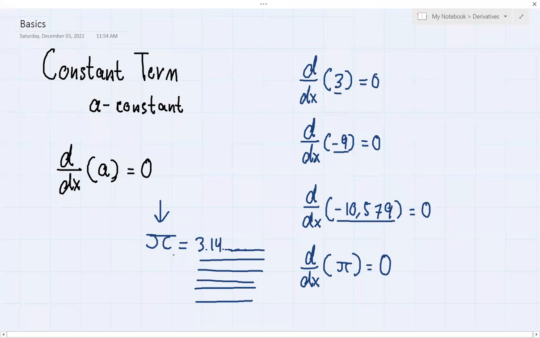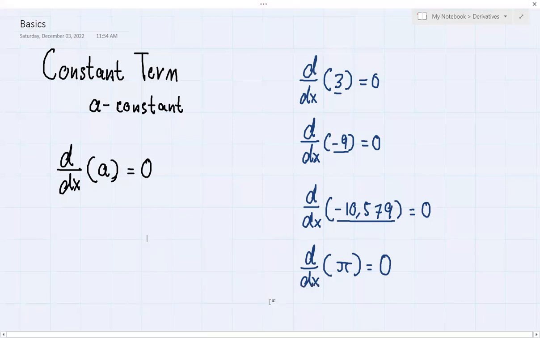And if it exists as a constant term at kunin mo yung derivative niya, ang sagot pa rin niya ay 0. So, what does this mean? It means that kahit na malaki, maliit, positive, negative, rational or irrational, fraction or hindi naka-fraction, basta it exists as a constant term, the answer is still 0 if you're going to get the derivative of it.